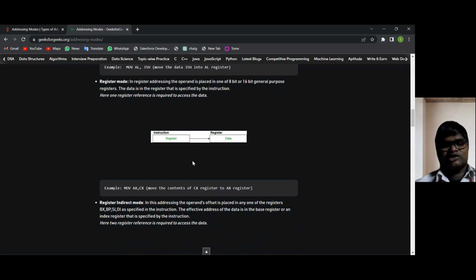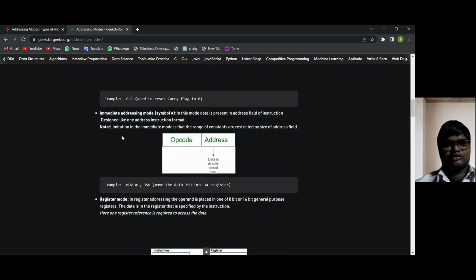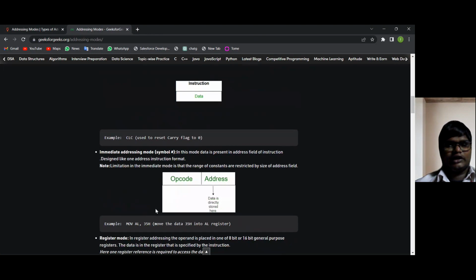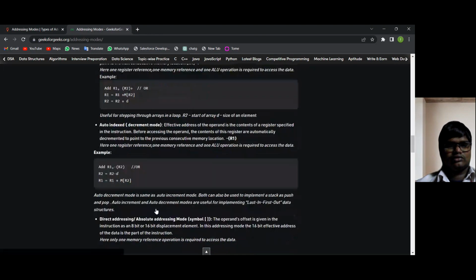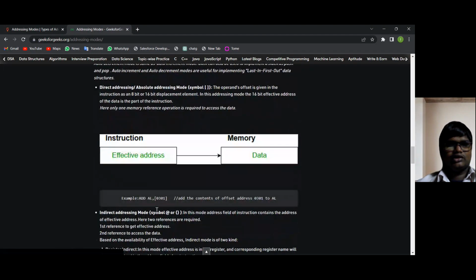Move the contents of the CX register to the AX register. Here we can see the effective address and data. Example, ADD AL, 0310. Add the contents of the offset address 0310 to AL.